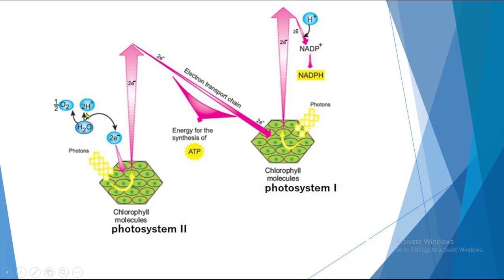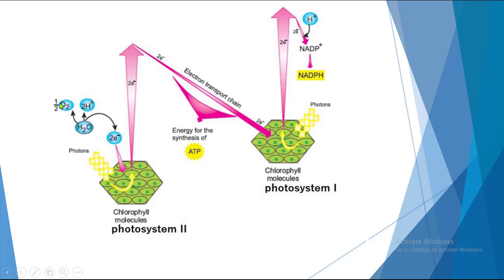It forms 2 hydrogen ions and half an oxygen molecule, because water has only 1 oxygen and oxygen cannot exist in atomic state. So for our convenience, we have mentioned it as a molecular state O2, and we have mentioned half because 2 cancels 2 and it becomes 1 oxygen atom.